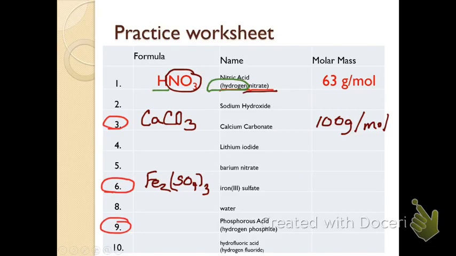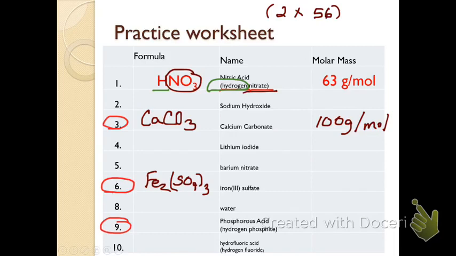All right, so when I look up iron, it has a molar mass that rounds to 56. And there are two of them, so that's 2 times 56. And I'm going to put that in parentheses, so I know what to put in my calculator.